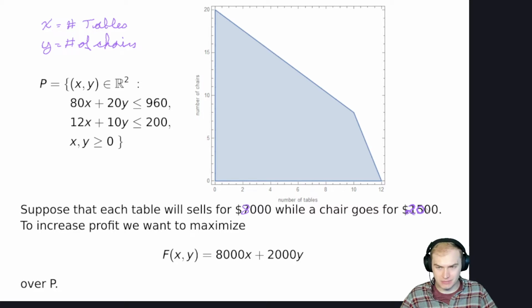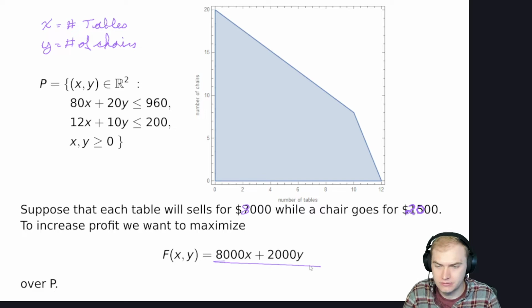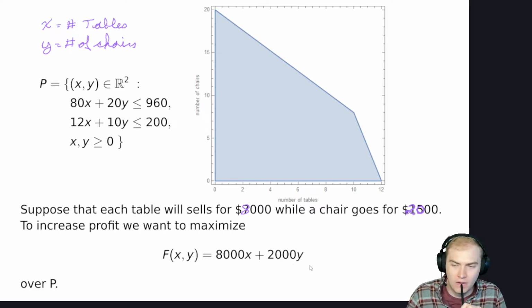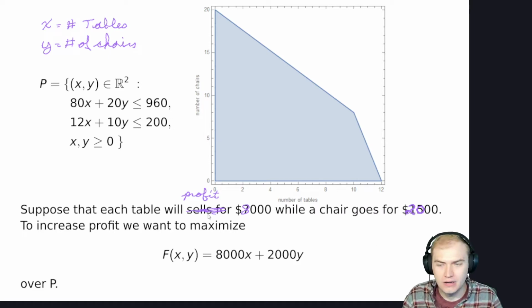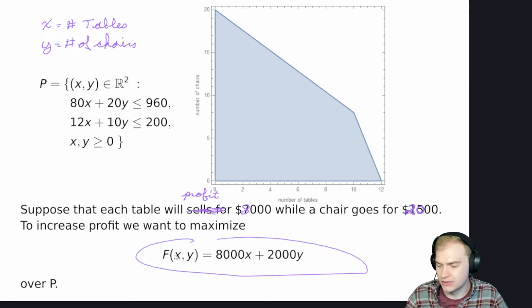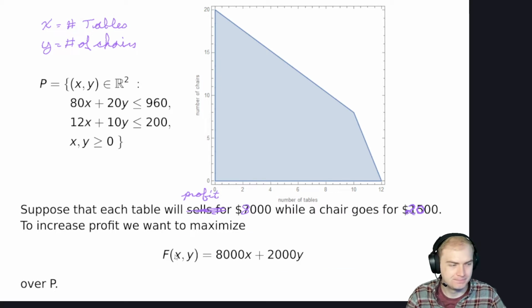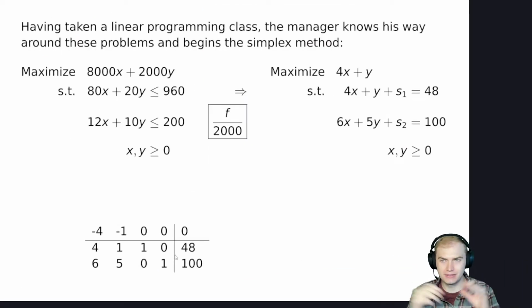We just want to maximize profit. So we have a relatively simple objective function here. Just maximize profit. So then we have an LP.